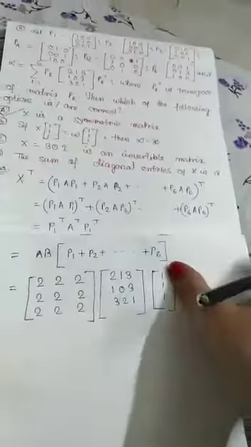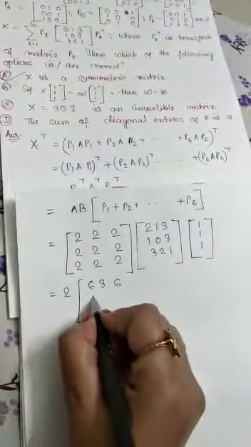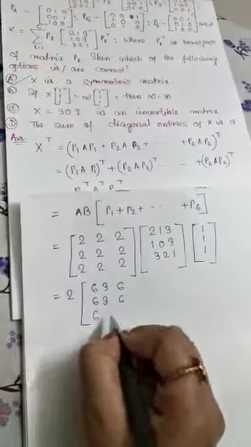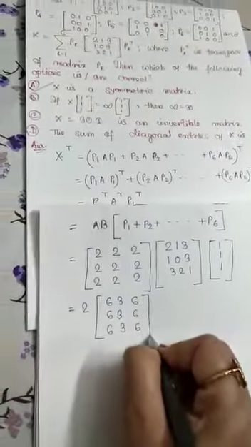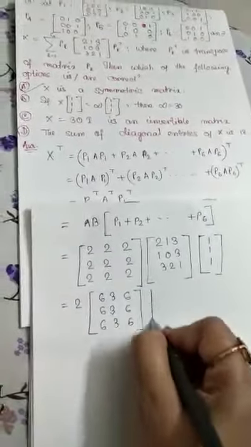Calculating this, here 2 is a common factor, and after calculating, we get 6, 3, 6, 6 and 2, 3 and 2 is equal to 5, 6, and 3, 3, 3, and 6, and 3, 3, 6, 6, 3, 6, and this 1, 1, 1.